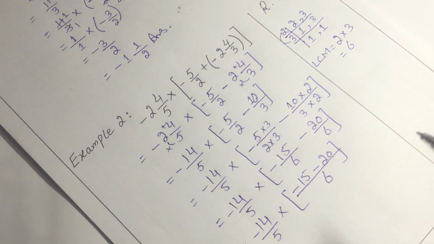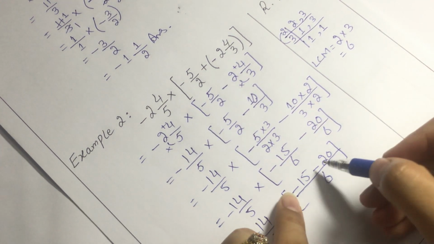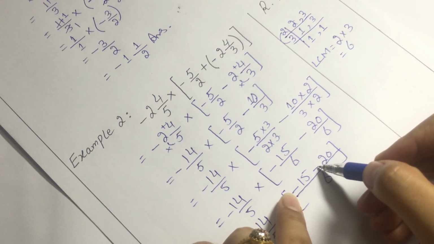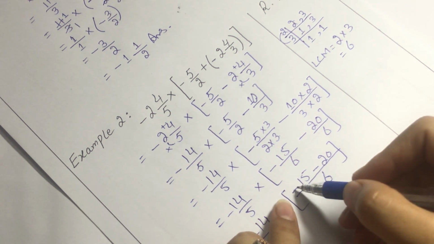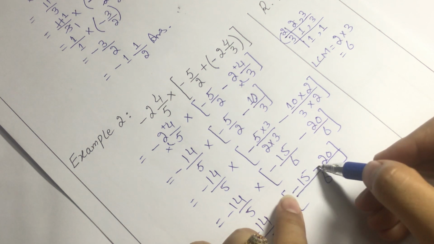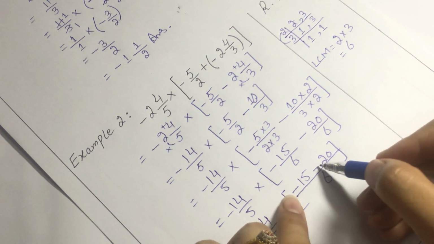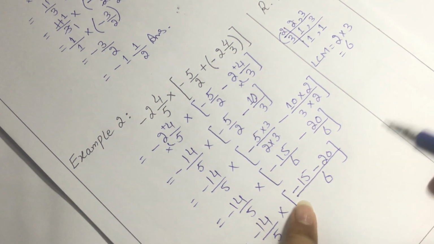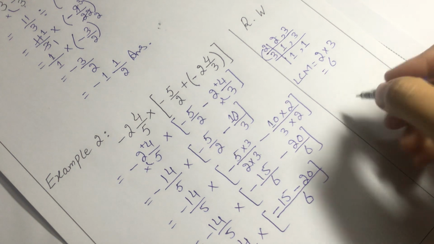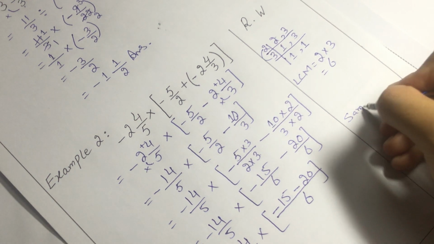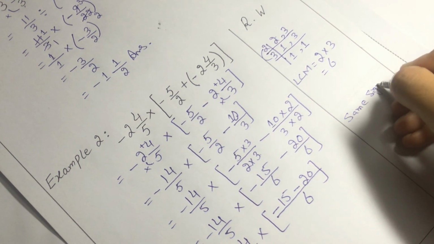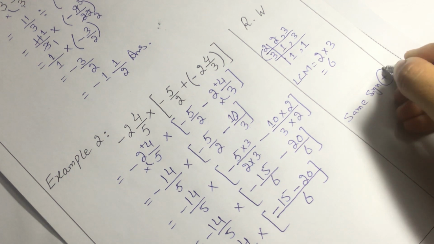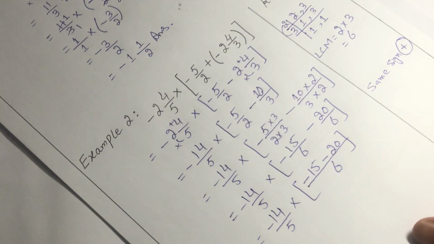Again, we have learned in the rules of integers that if you have two same signs, what we will do with same signs? We always add. Same signs, we always add, right?